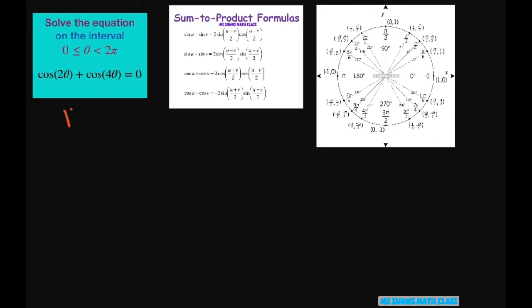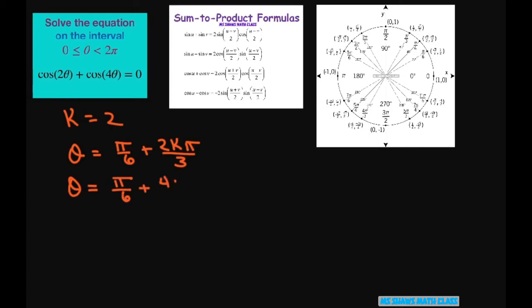We're going to do k equals 2 for when theta equals pi divided by 6 plus 2k pi divided by 3. So when you plug in 2, you're going to get theta equals pi divided by 6 plus 4 pi divided by 3.